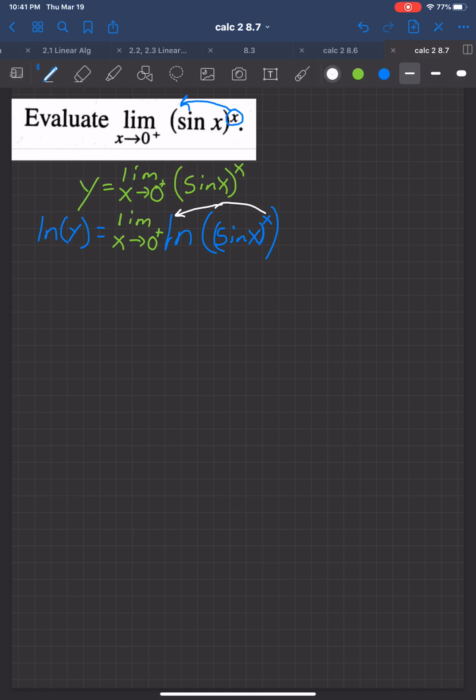So ln of y is equal to the limit as x approaches 0 from the right of, instead of ln of sine x to the power of x, x ln sine of x.